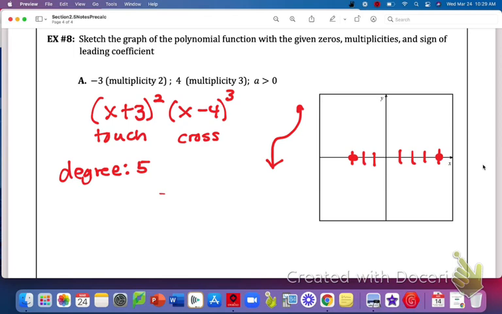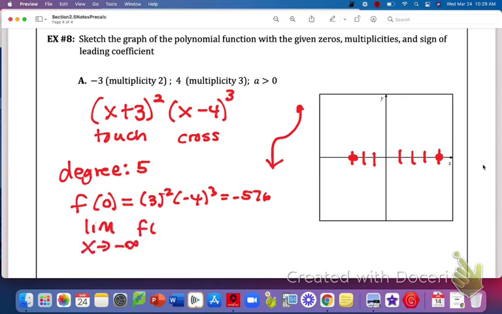All right, so now let's get some values. So what happens when we plug in 0 into the whole entire function? Well, then I get 3 squared times negative 4 to the third, which is negative 576. Ooh, boy. My end behavior, so the limit as x approaches negative infinity of our function is going to negative infinity.